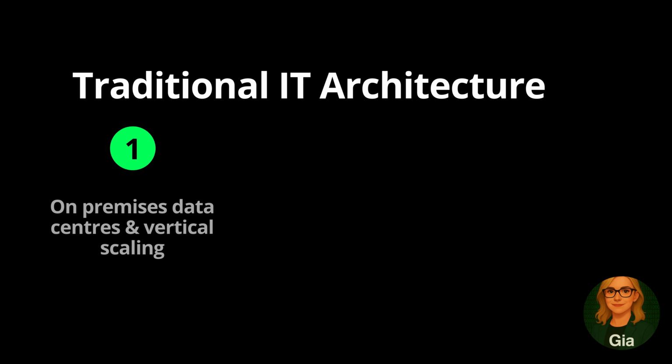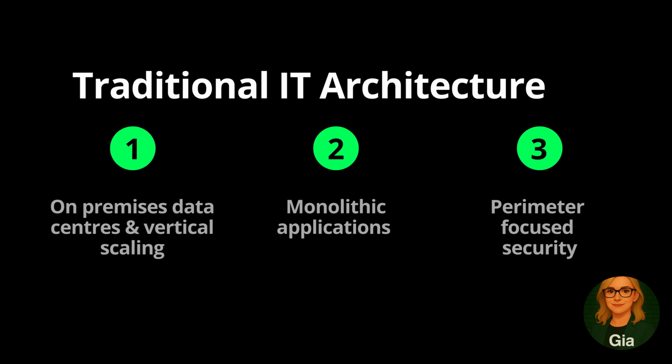Traditionally, IT architecture was built around on-premise data centers. Applications were usually large, monolithic systems where all functions were tightly coupled in one giant system. Security was focused on building a strong perimeter, firewalls and VPNs, creating implied trust for anyone inside the network. Other layers of defense existed, but the perimeter was the primary model.